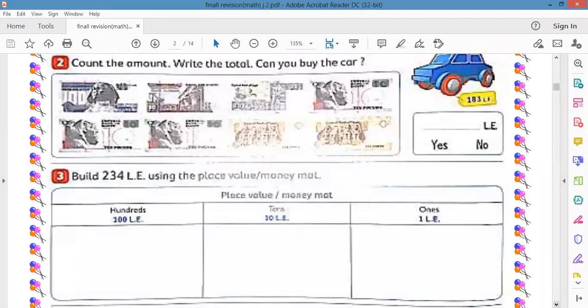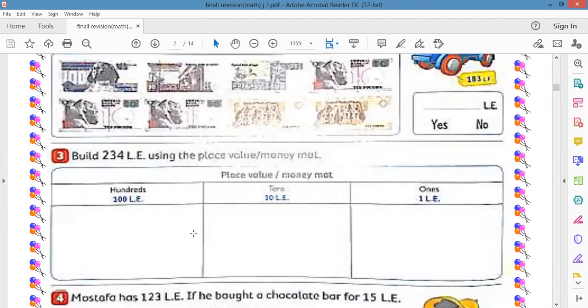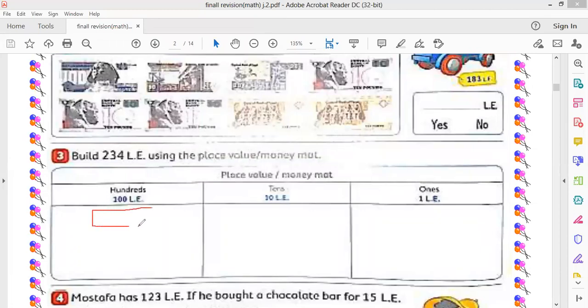The third question here, build 234 LE using the place value money mat. 234, we start in 100, we draw 2 notes of 100. And in tens, we draw 3 notes of 10.